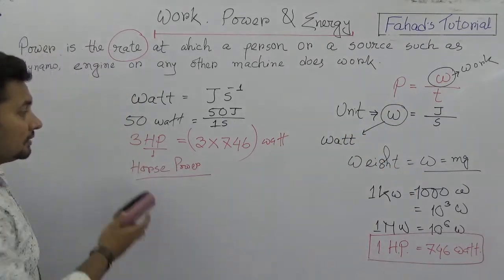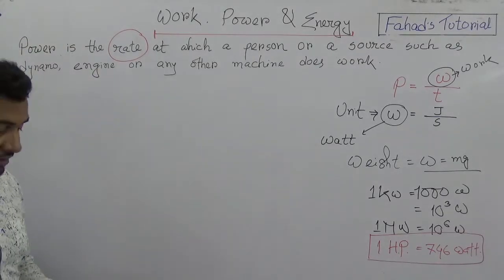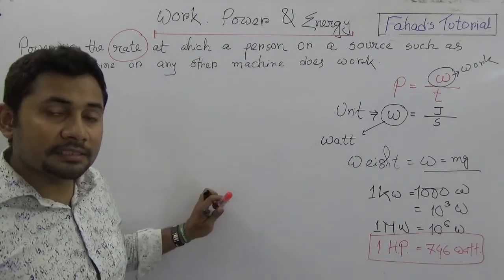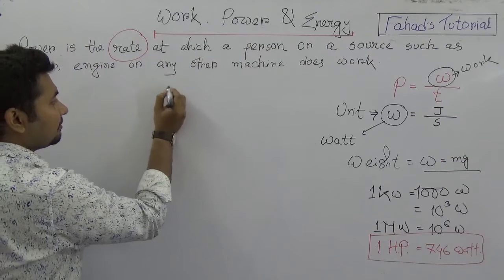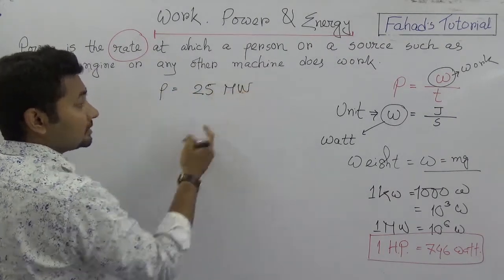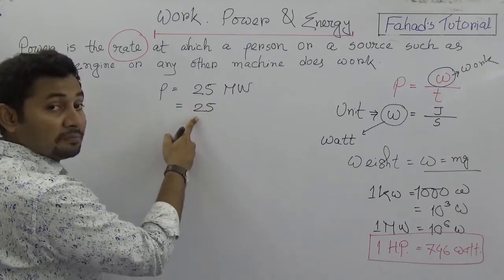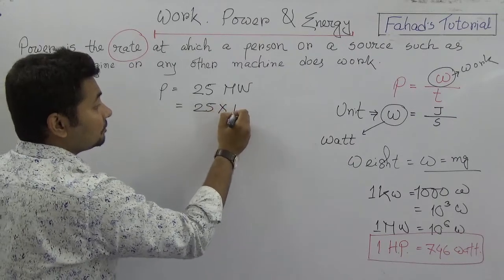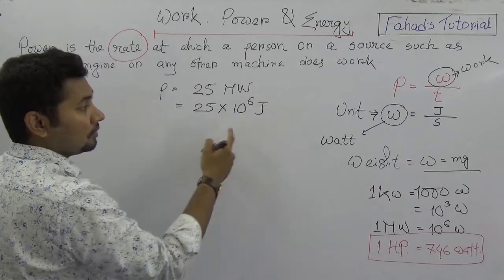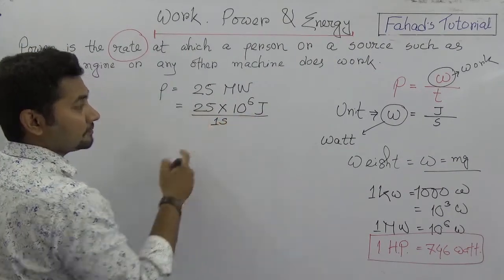Suppose in a current production plant it is said that the power is 25 megawatt. It means that the plant can produce 25 times 10 to the power 6 joule of energy per second.